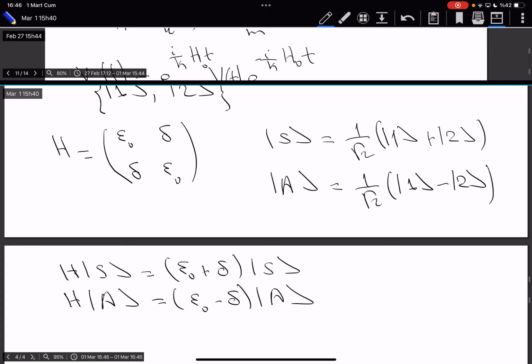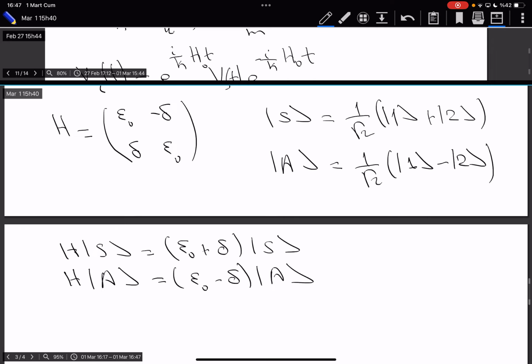Again, if you allow me to make a claim from my mind, let me change these deltas to -1, so this is minus, this is plus. The anti-symmetrical state should have a higher energy.